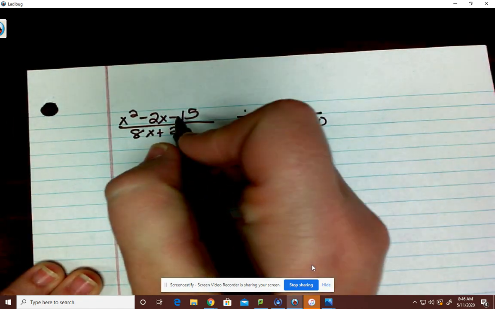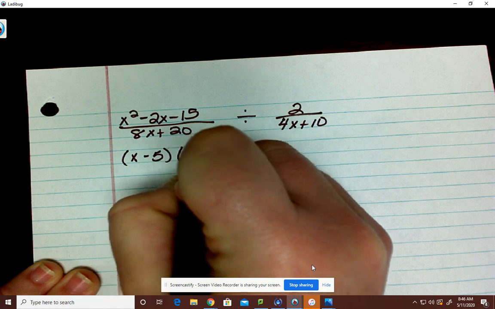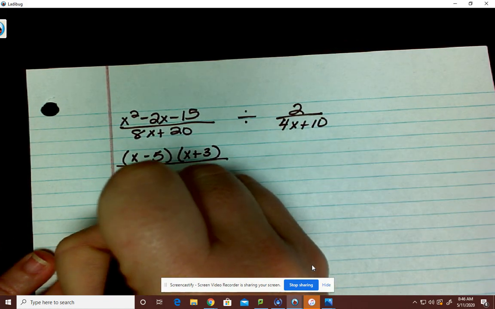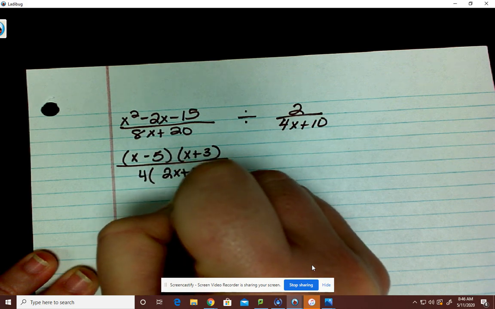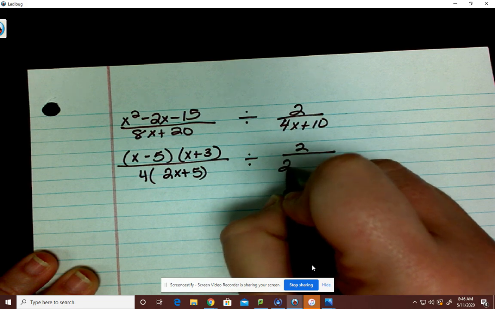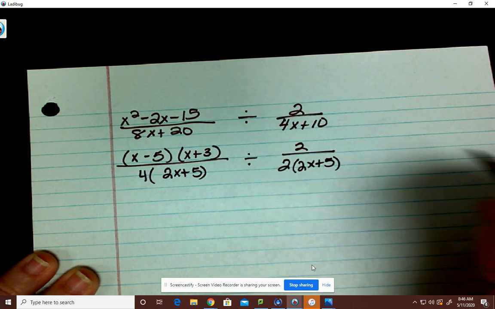So here we have reverse FOIL. That's going to factor into x minus 5 and x plus 3. Here we have a GCF of 4. Get to x plus 5. That's just 2. And then here we have a GCF of 2. That's going to give me 2x plus 5.